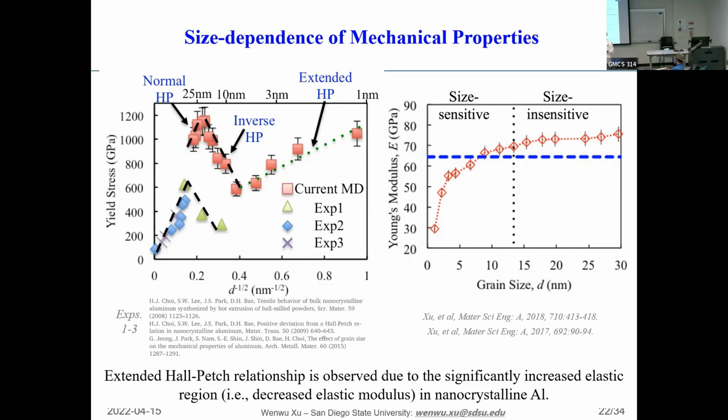That is, we could only simulate a material deformation at a very fast strain rate due to the limitation of the simulation method. Right, and then we also computed the elastic modulus of the nanocrystalline aluminum, and we also see this softening effect, or reduction of elastic modulus, when the grain size is very small, similar to what we see in the nanocrystalline magnesium.